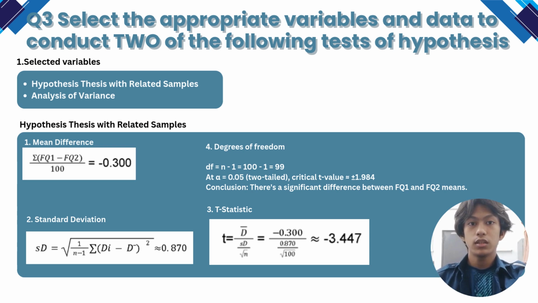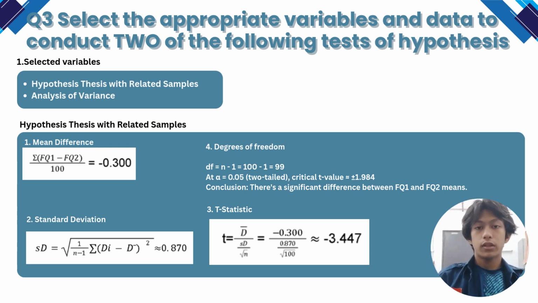Okay, so question 3A, the hypothesis testing. In the first part of the analysis, we investigated whether there was a statistically significant difference between two groups, labeled FQ1 and FQ2. The mean difference between these groups was calculated to be minus 0.300, indicating that, on average, the values in FQ2 were slightly higher than those in FQ1.